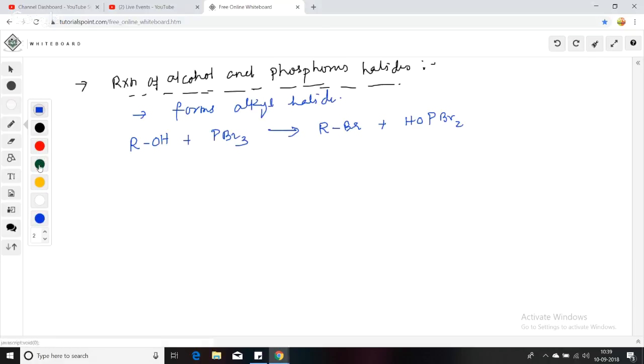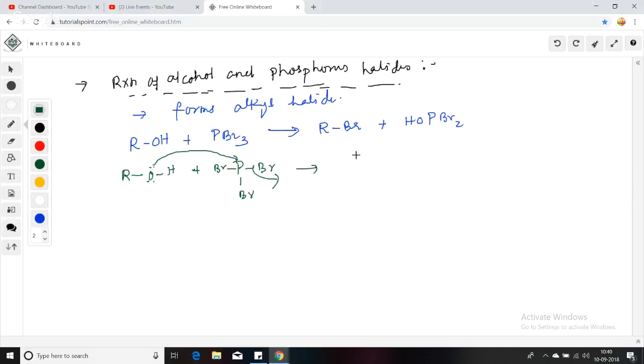The mechanism is not that important, but just we'll discuss. ROH. Okay. Lone pair on this oxygen plus PBr3. Phosphorus has 3d orbital, so it can take this electron lone pair, and at the same time this Br minus comes up.